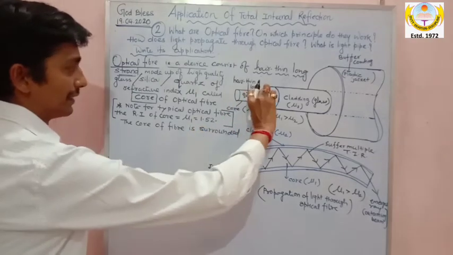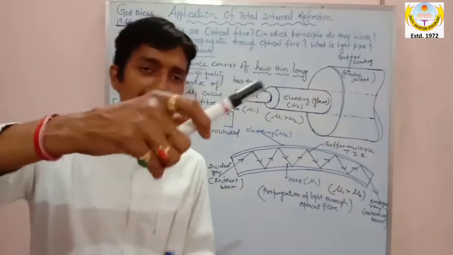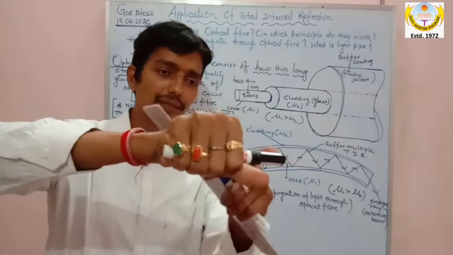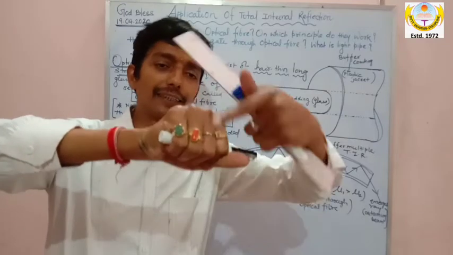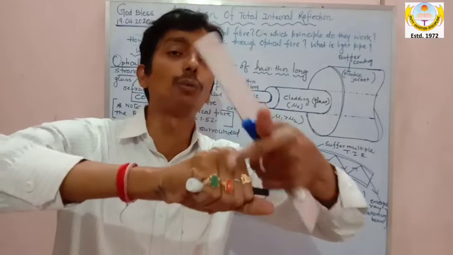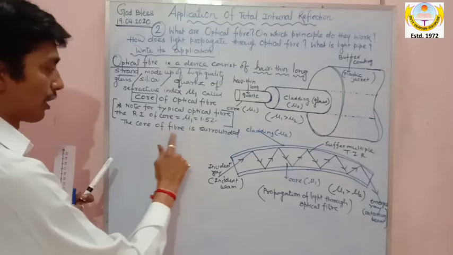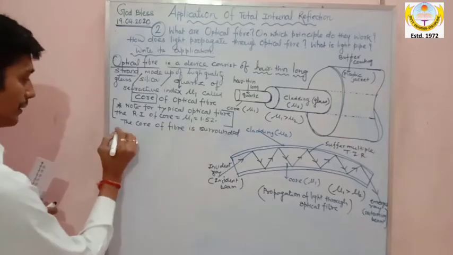You can see this core is surrounded, like the marker is the core and this is what surrounds it. So this is surrounded by what? That is called the cladding.